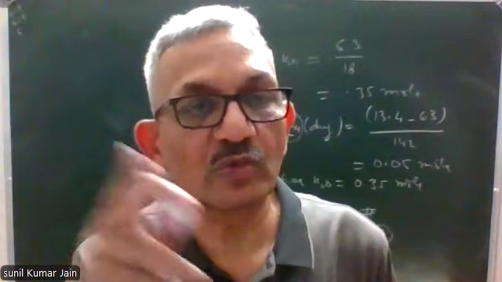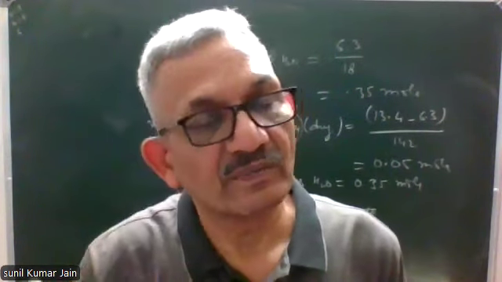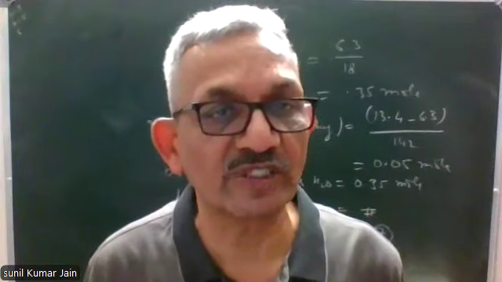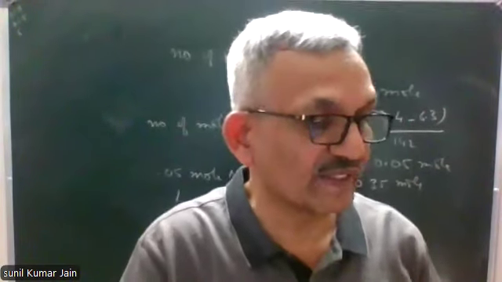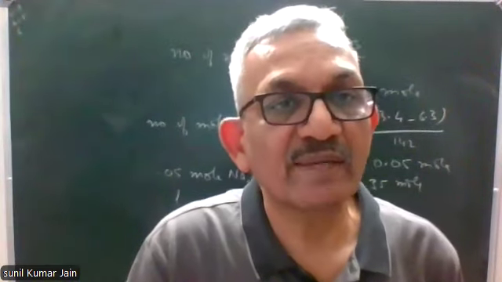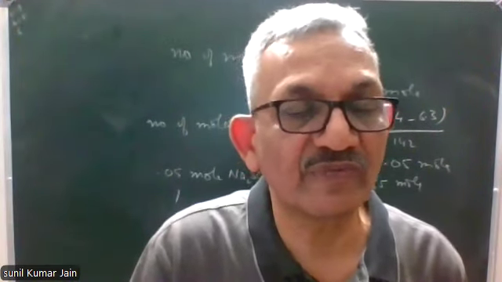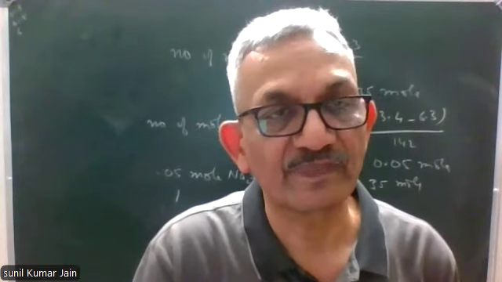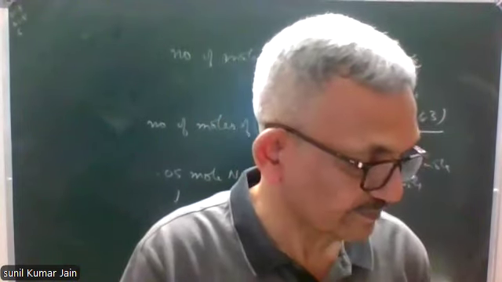Molecular weight is 2, so 2 divided by Avogadro's number, whatever comes out to so many grams is the mass of one molecule of hydrogen. And the second is 1 gram molecule. 1 gram molecule of hydrogen is 1 mole of hydrogen, and 1 mole of hydrogen will weigh 2 grams. So there's a lot of difference.